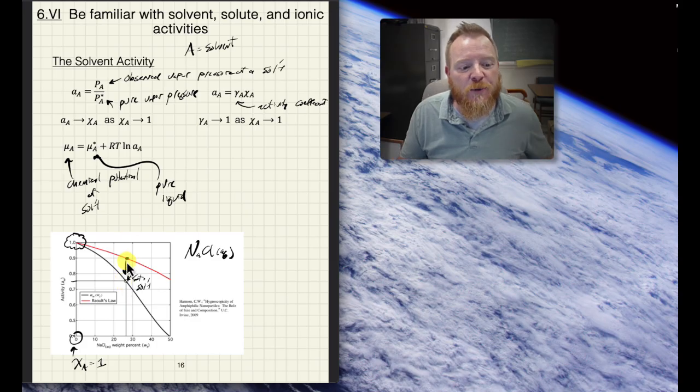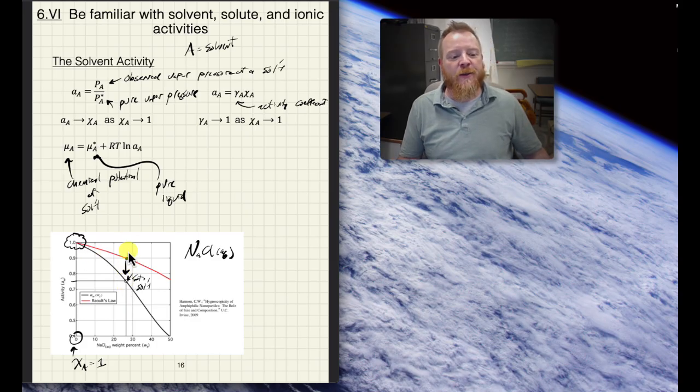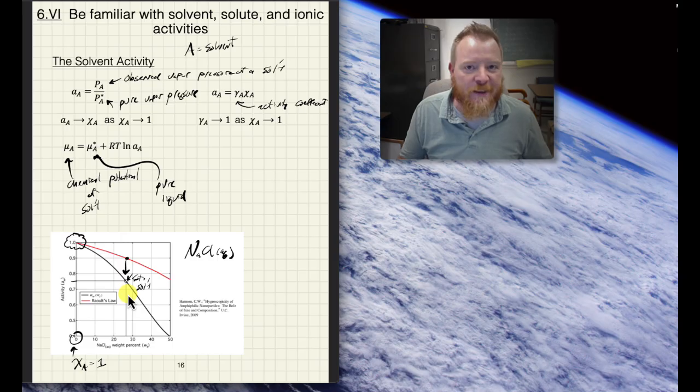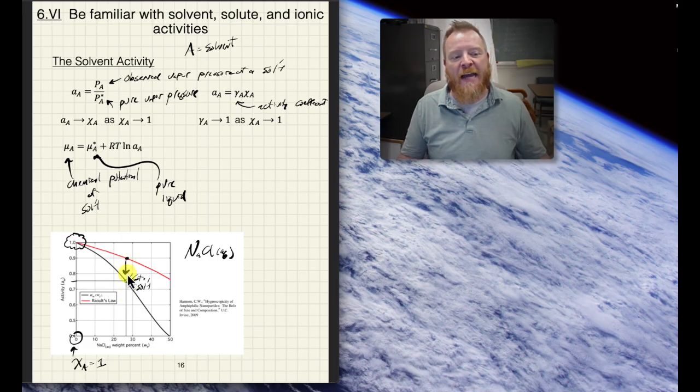If we used something like 90% of the vapor pressure of water as the vapor pressure of the ocean, that would be disastrous in climate models. We would get a lot of stuff wrong by using the ideal value as opposed to the measured activity value.